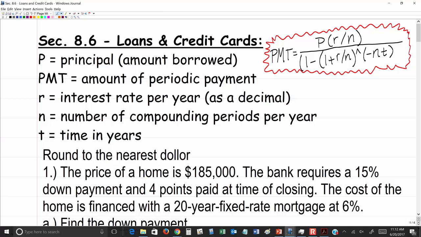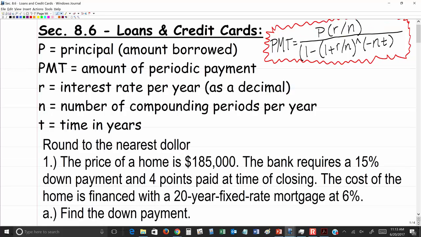You should not confuse that with the annuity formula, because for one thing, that says annuity, but also that formula has an A in it, which means that's an amount you're accumulating up to. Whereas a loan has a P for principal, which is an original amount that you started with that you borrowed. All right, so that's our formula. All of the variables have the same meaning that they do in all the other sections.